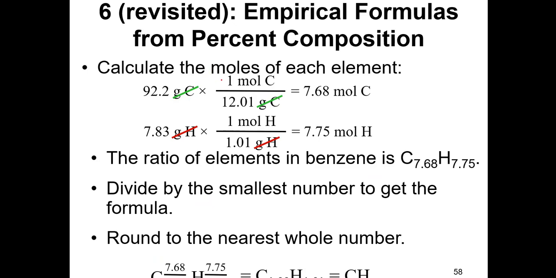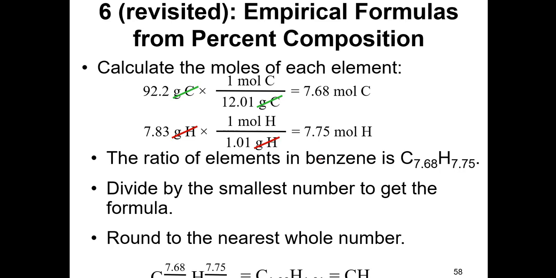I then need to go ahead and turn this from grams to moles. And I have to use the periodic table molar mass as a conversion factor. So looking at my periodic table, at least the one I have, you divide it by 12.01 grams, and that gives you 7.68 moles. 7.83 grams divided by 1.0 grams, and that gives you 7.75 moles.